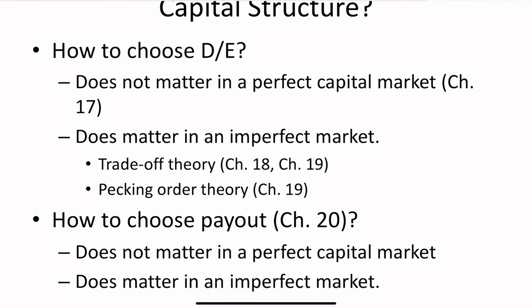So this is the basis of the trade-off theory. And then we move on to the more advanced case, where we think about the information asymmetry between firms and investors. Under this information assumption, we have the pecking order theory.